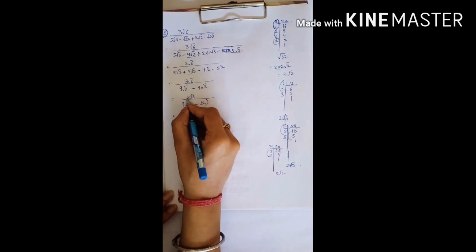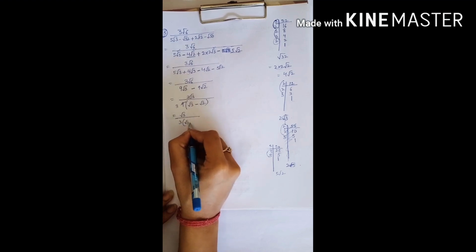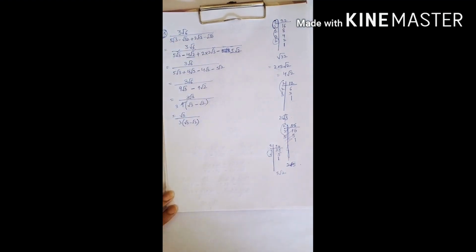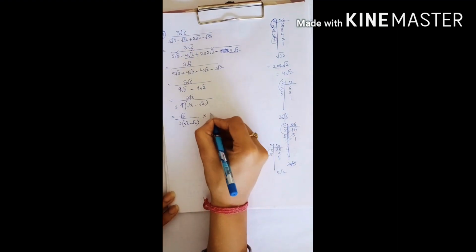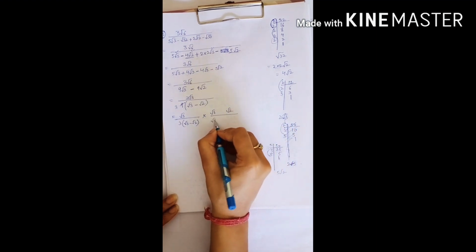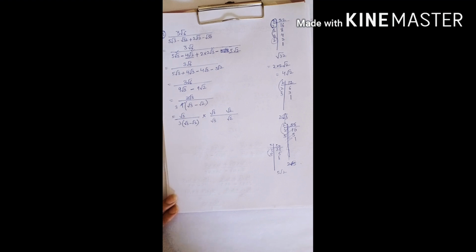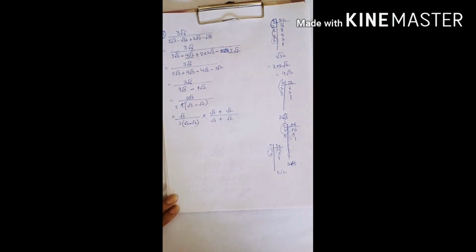Okay, cutting is done, so root 3 divided by 3 into root 3 minus root 2. Okay, now what we will do is rationalize the denominator. We know how to rationalize. The same numbers we will put in the numerator and the same in the denominator, and change the sign over here, plus and plus.